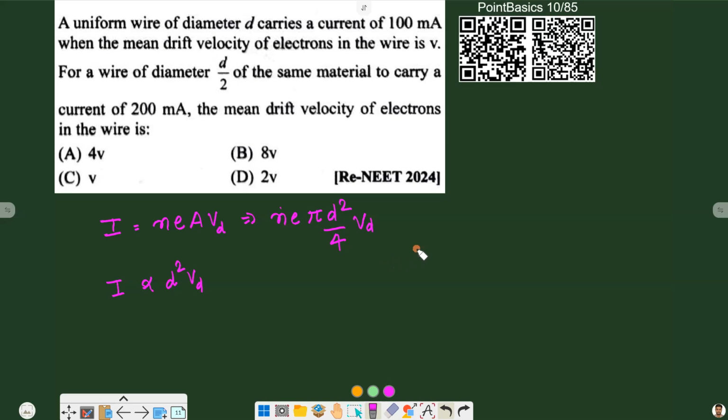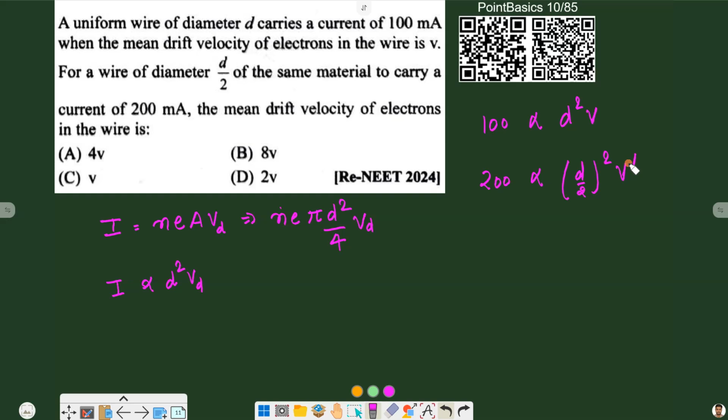Now initially we have diameter of d with drift velocity v with current of 100 milliampere. So 100 is proportional to d square into v. Now we have to find out drift velocity for 200 milliampere. So now current is 200 milliampere. Diameter is d by 2.